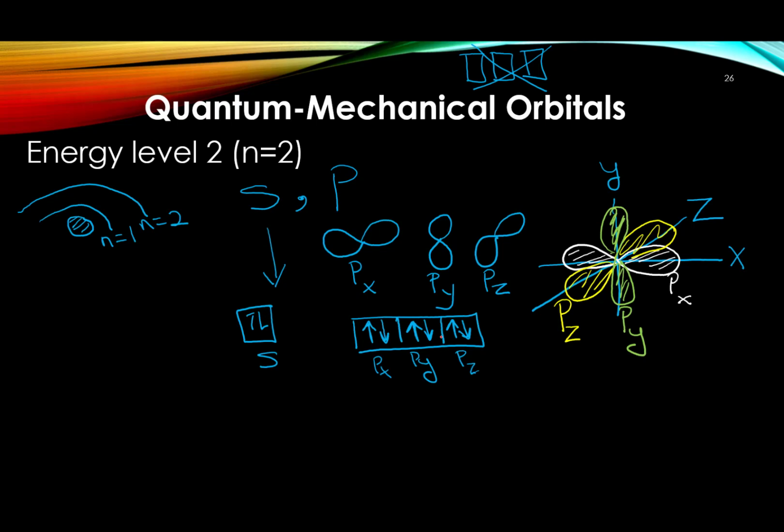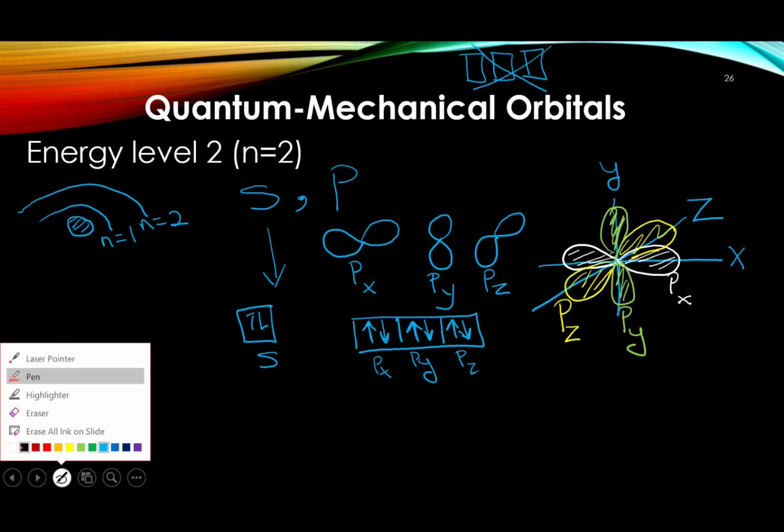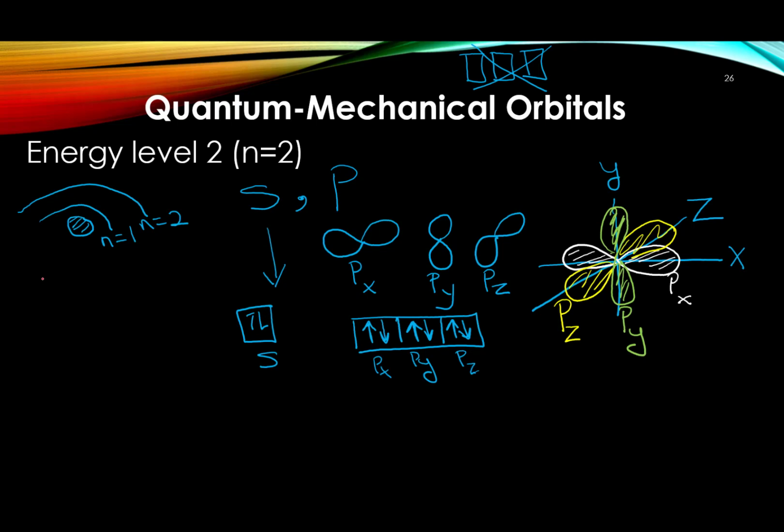So the maximum number of electrons in energy level 2 is 8 electrons.